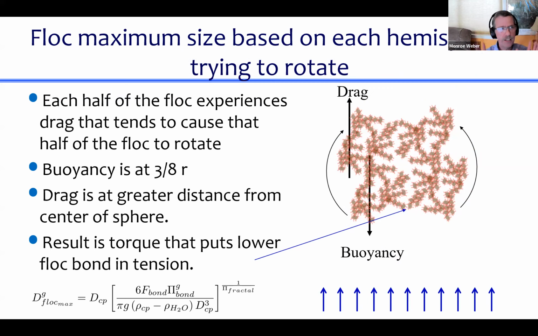It's a sphere and there's water flowing around it, and that water is applying a force of shear to that particle. And that's all rotating, like my hands are rotating around it. So there's this moment being applied, trying to actually tear the flock apart. Can you see that in your mind? The flock at the bottom is experiencing tension and it's being pulled apart. So all you have to do is provide enough shear so that the one bond that's holding this flock together gets broken.